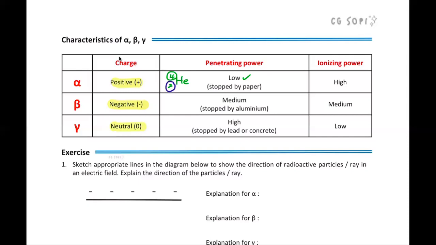It can penetrate through paper, through our skin, and through aluminum, but it can be stopped by lead or concrete. But in terms of ionizing power, because it is neutral and doesn't have any charge, the ionizing power is very low, right? All right, you got that?